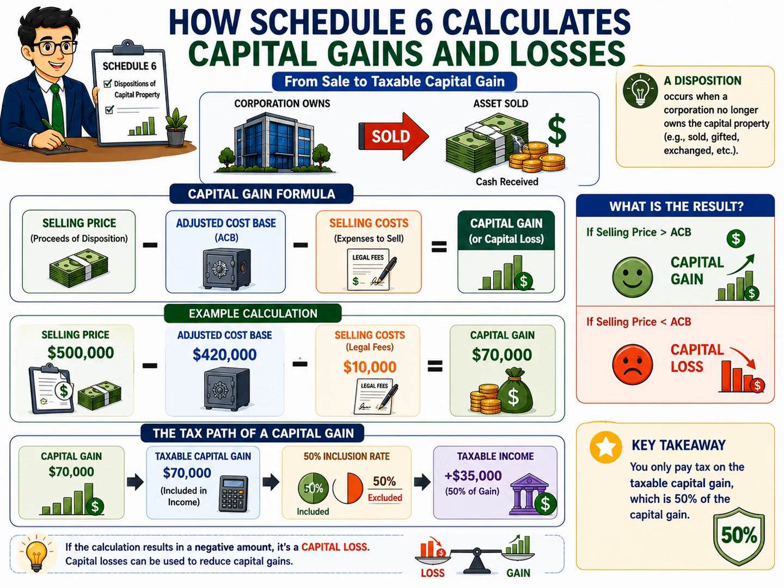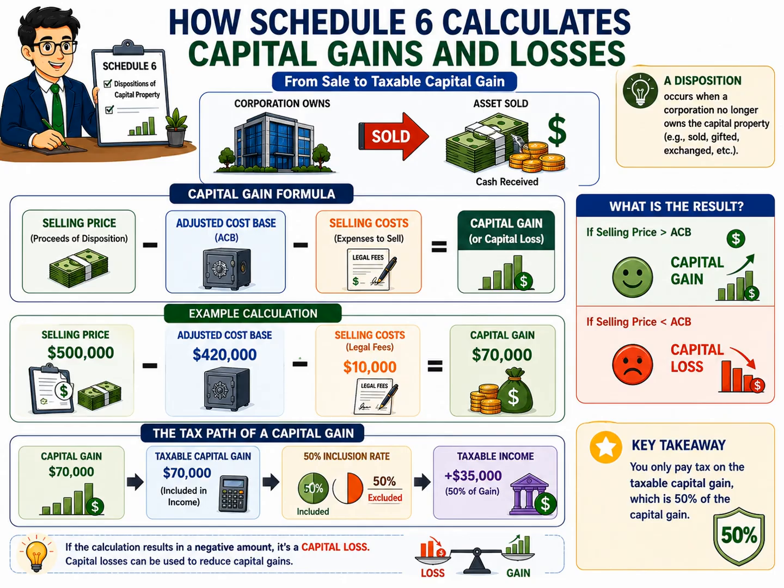Using the formula, we subtract the adjusted cost base and the selling costs from the selling price. $500,000 minus $420,000 minus $10,000 results in a capital gain of $70,000. If the selling price is higher than the adjusted cost base after deducting selling costs, the corporation has a capital gain. If the selling price is lower, the corporation has a capital loss.